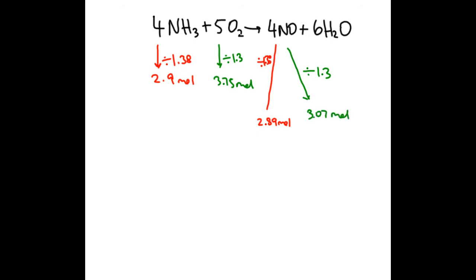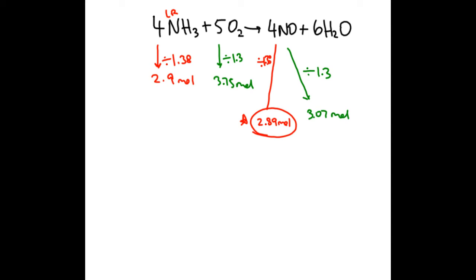So the lesser of the two is the red. So what we know now is that NH3 is the limiting reactant as far as this problem is concerned, and the O2 is the excess. And we've also found the moles of NO, which is 2.89 or 2.9 moles.